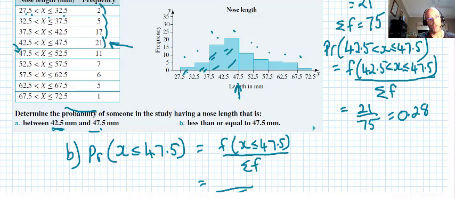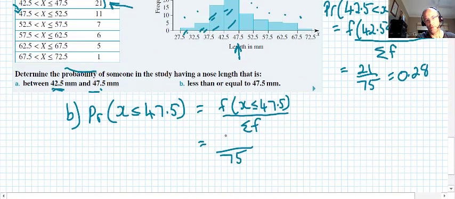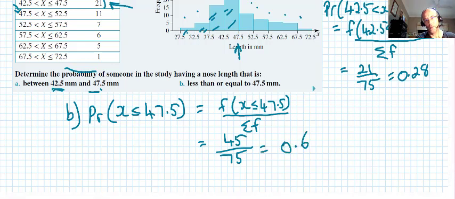Sorry, I miscounted that. Start again. 2 and 5, 7, 7 and 17 is 24. 45, that is. My apologies. And that's 0.6. Such a person would have a probability of 0.6 according to the data from that study for their nose length.